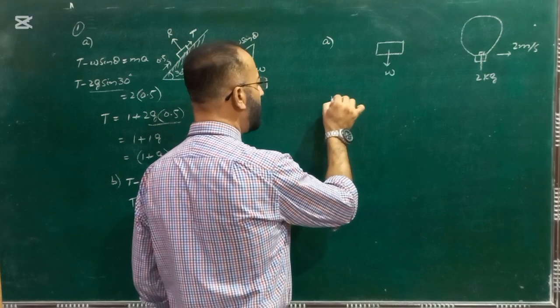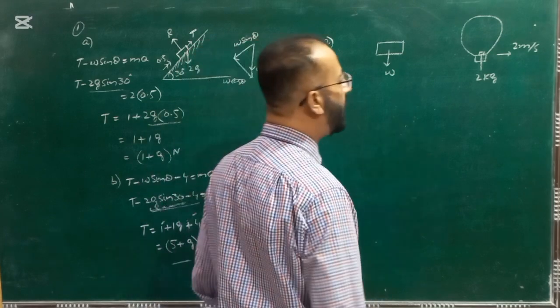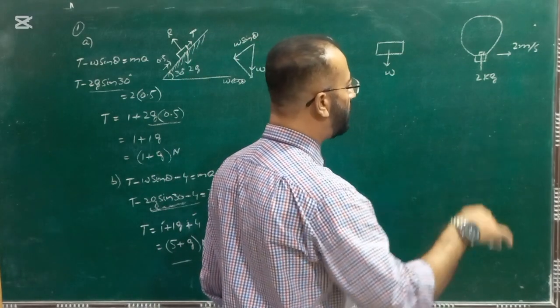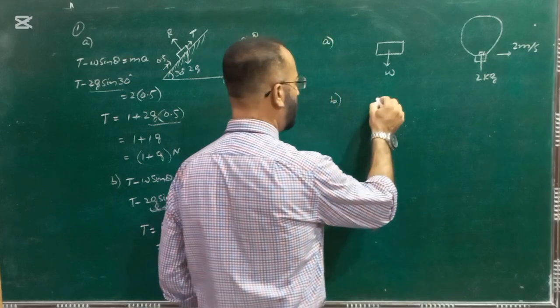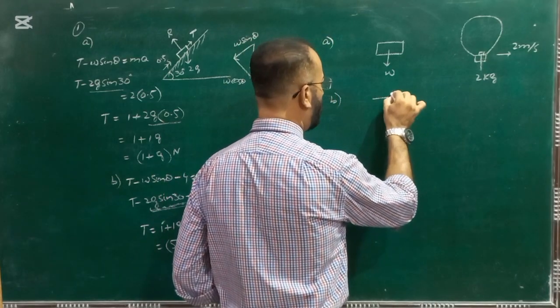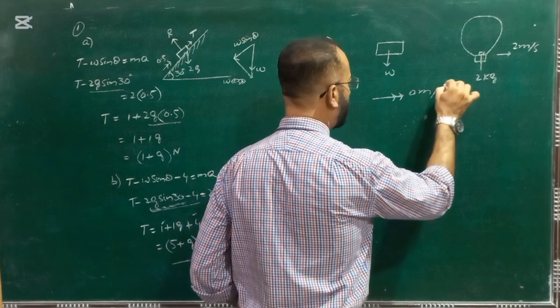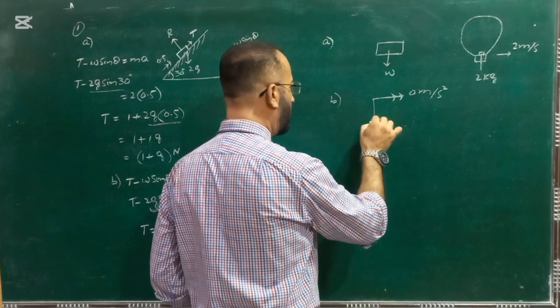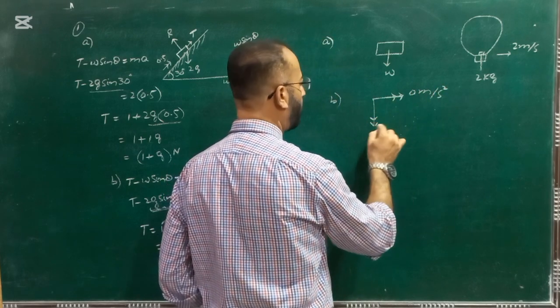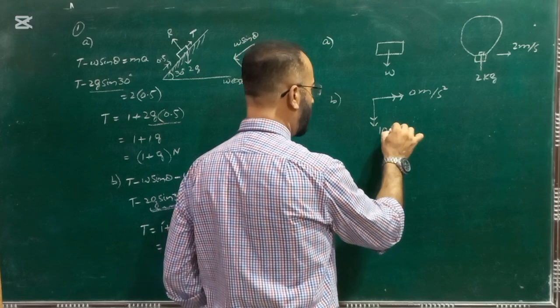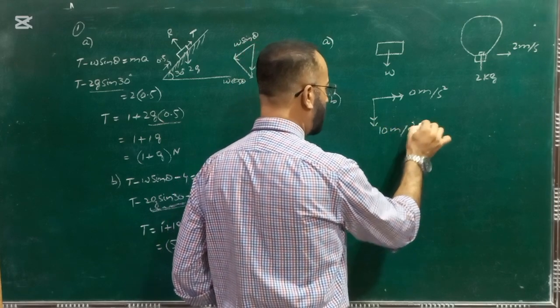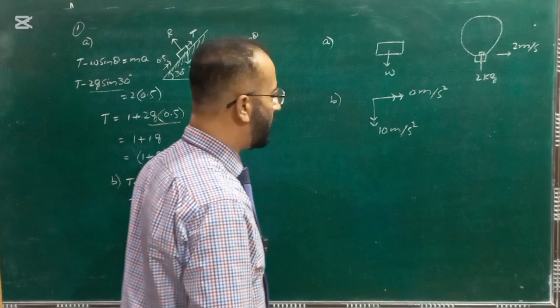In B part, it was required to find the horizontal and the vertical components of the acceleration. The horizontal component will be 0 meter per second square, and the vertical component will be 10 meter per second square, because the acceleration of gravity will be applied.